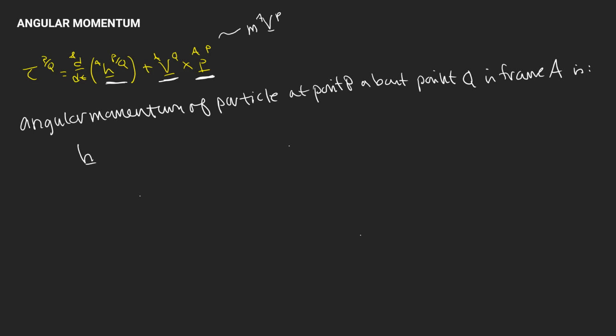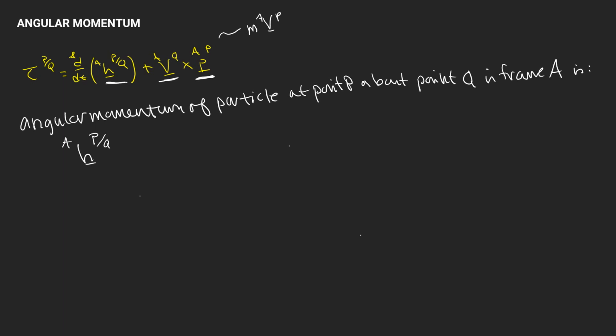First, let's just review the notation. As I said before, we indicate angular momentum with H. It is a vector, so it has a bar underneath. We're taking the angular momentum of P about Q. So this is new, but that's what that slash means.